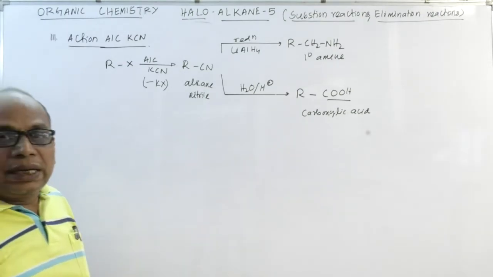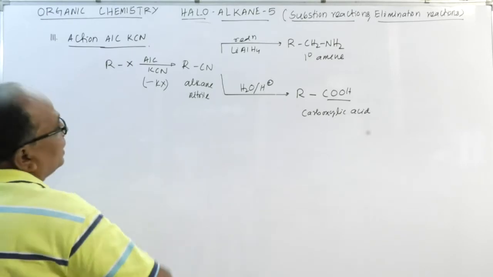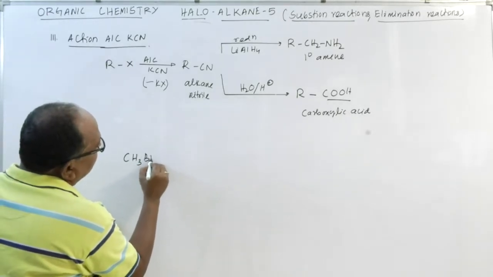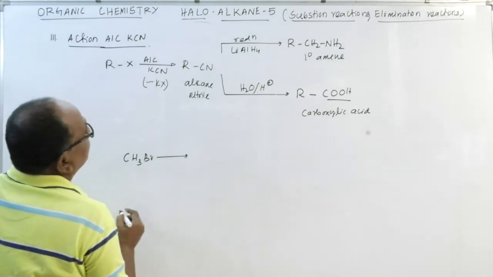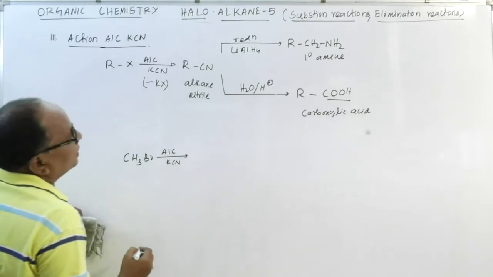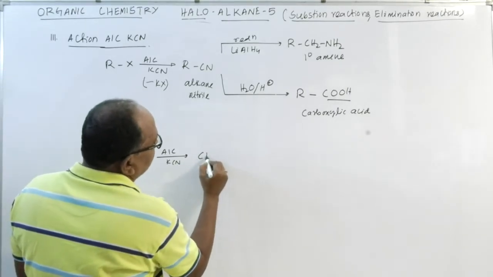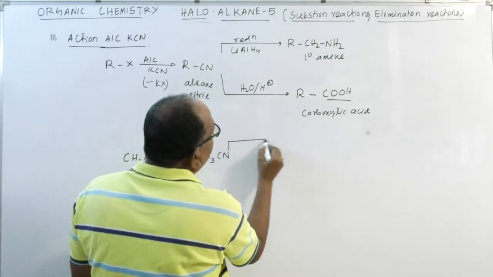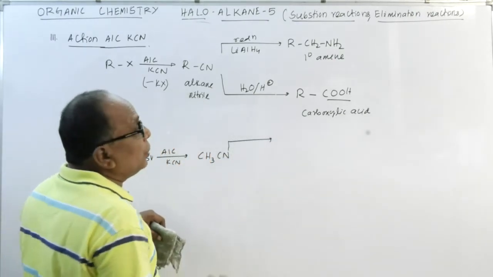Okay, students? Suppose I take methyl bromide and treat it with an alcoholic solution of potassium cyanide. It gives CH3CN, and this can be reduced.